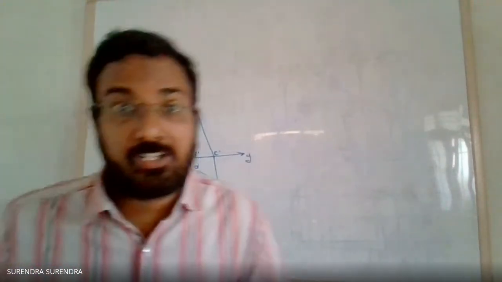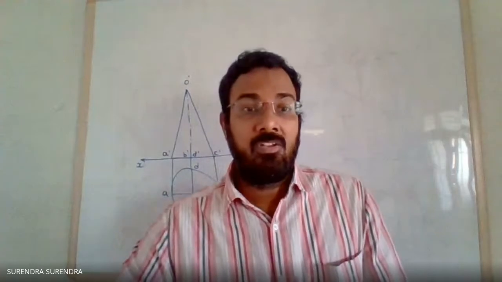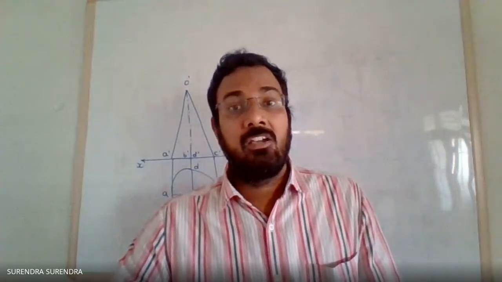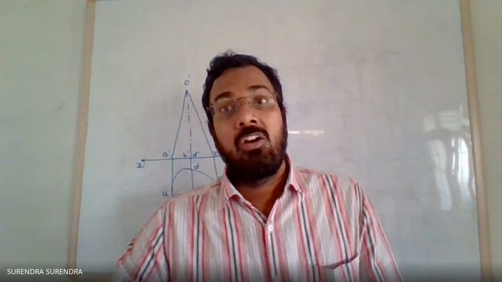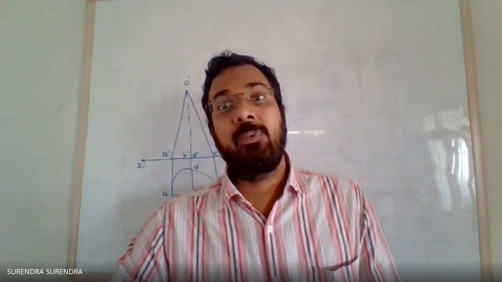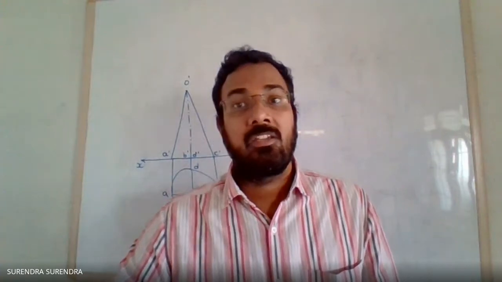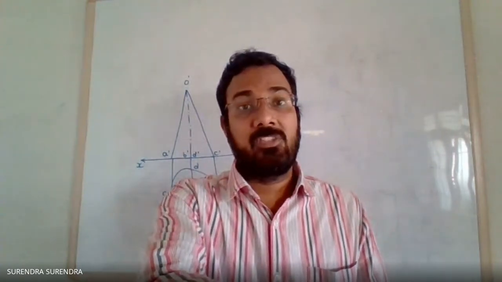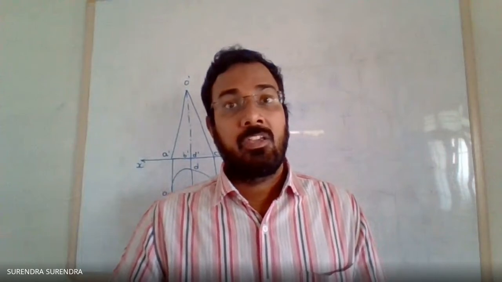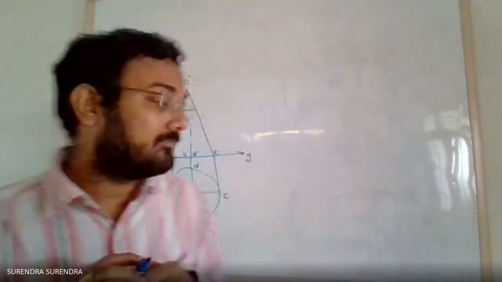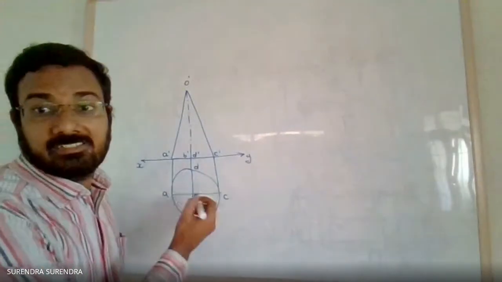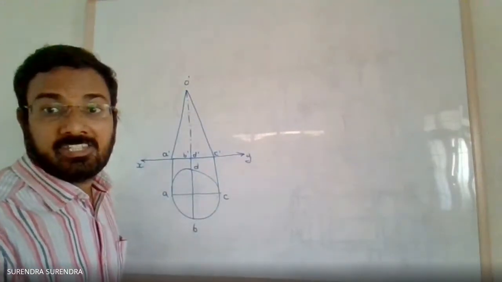Now, for drawing the arc, how to draw the arc? What is the length of the arc we must maintain? Suppose if you observe in this problem, what is the radius?